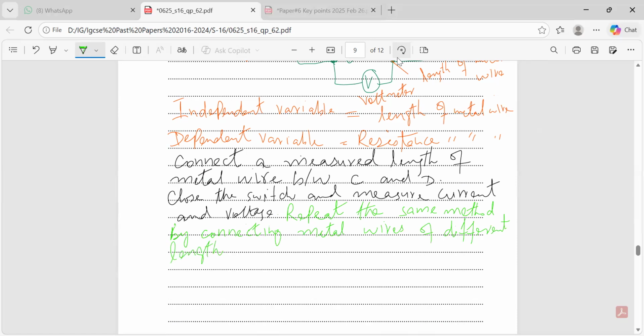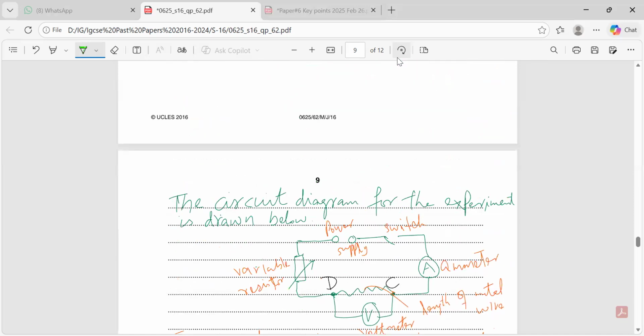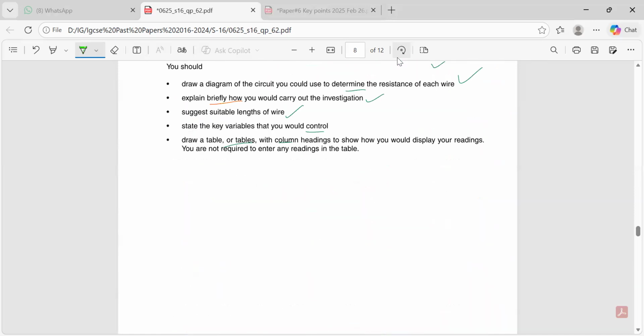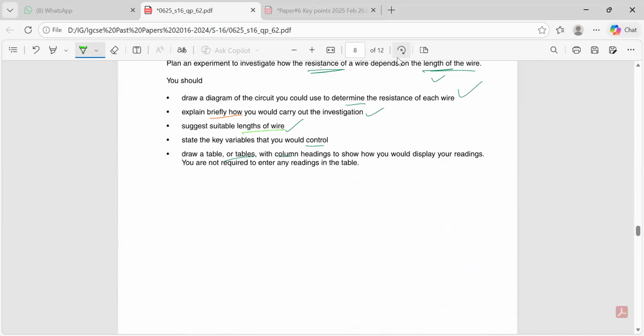Different metal wires of different lengths between C and D, so that we will have more sets of data. Then what is the next point? Suggest the suitable length of the wire.